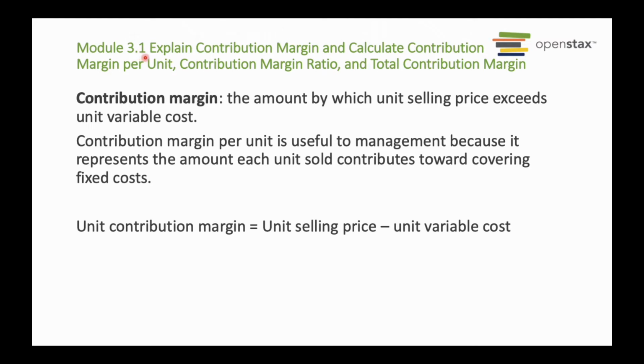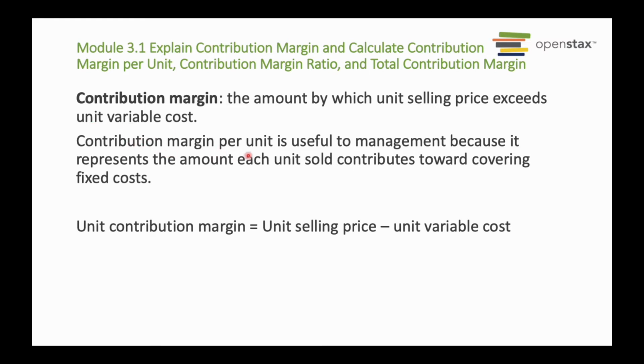Objective 1. Explain contribution margin and calculate contribution margin per unit, contribution margin ratio, and total contribution margin. Contribution margin is the amount by which unit selling price exceeds unit variable cost.